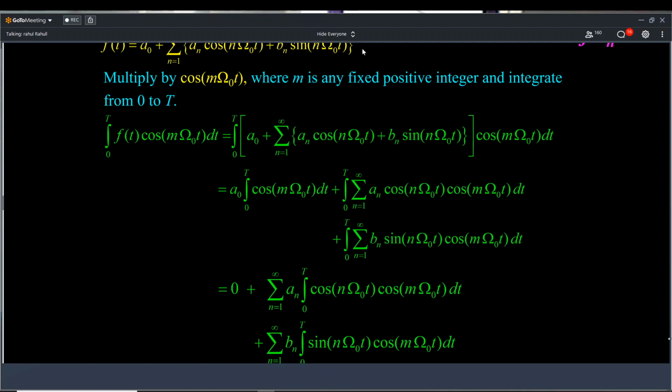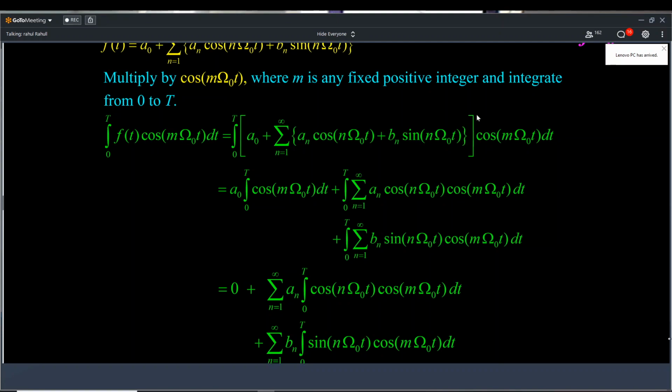Multiply the basic equation of the Fourier series representation, both the left hand side and right hand side, by this cosine of m omega 0 t, where m is any arbitrary integer, and integrate both the sides over a period. That's why you can see the equation on the screen: integration from 0 to T f of t cosine of m omega 0 t dt will be equal to the complete right hand side multiplied by cosine of m omega 0 t dt.